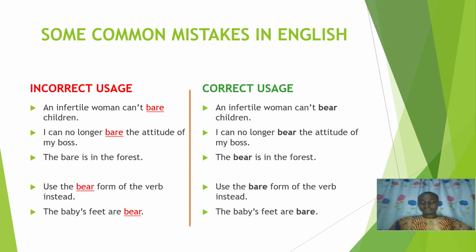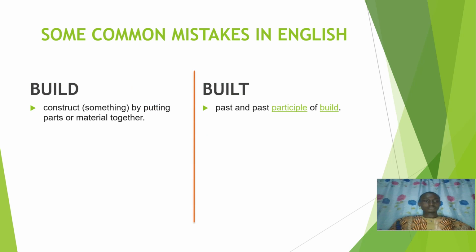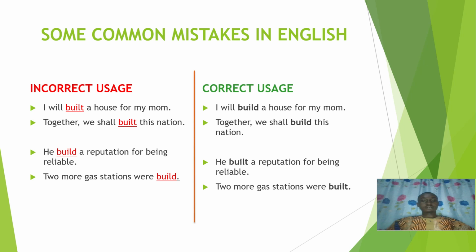Alright, so we move on to look at our next pair of words. We have build, which means to construct something by putting parts or material together. Then we have built, which is the past and past participle of the word build. So in our usage of these two words, we have I will build a house for my mom.